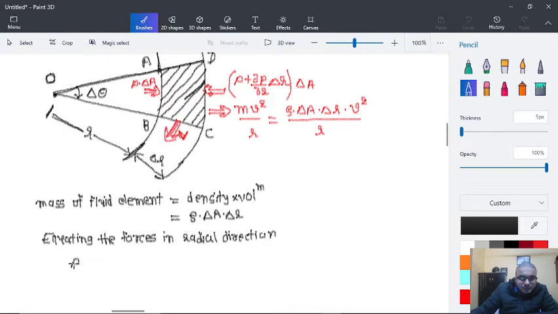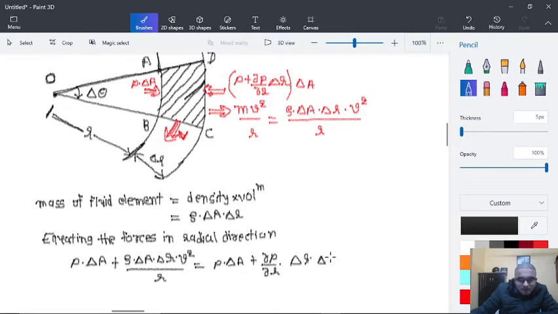So here P into delta A plus rho into delta A into delta R into V square upon R is equal to the force towards the center, that is P plus del P over del R into delta R, into delta A.